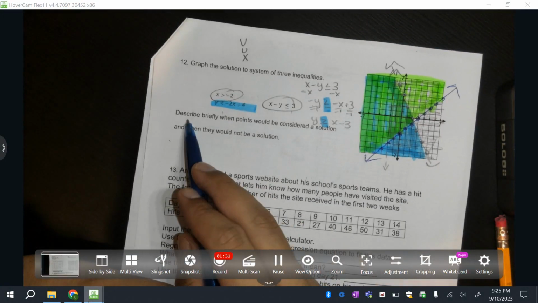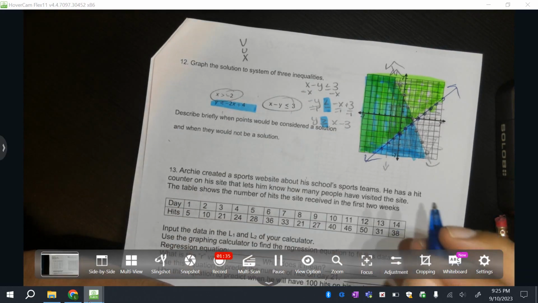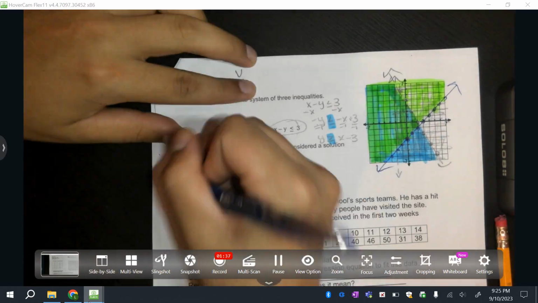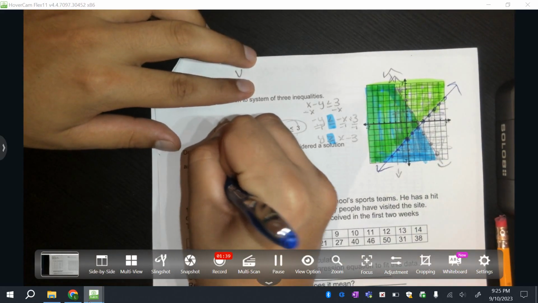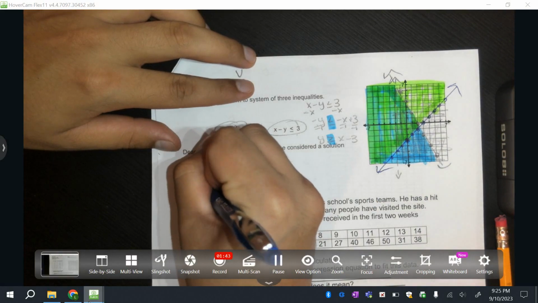So then briefly, describe points that are a solution and when they should not be a solution. When they are a solution, they are inside the solution set.